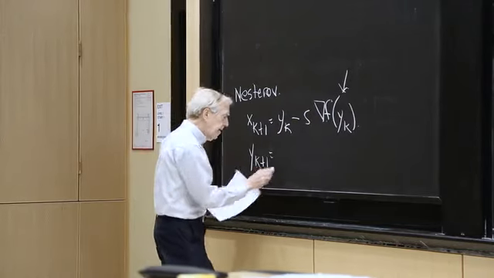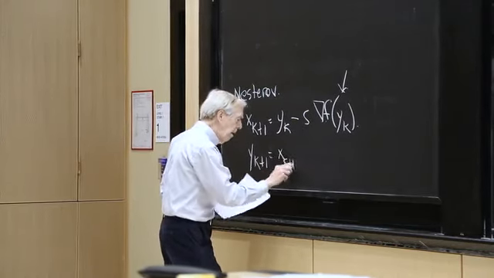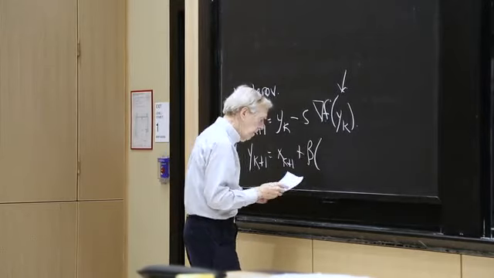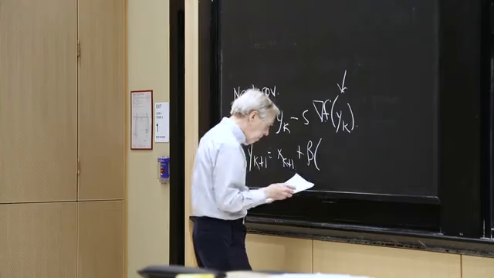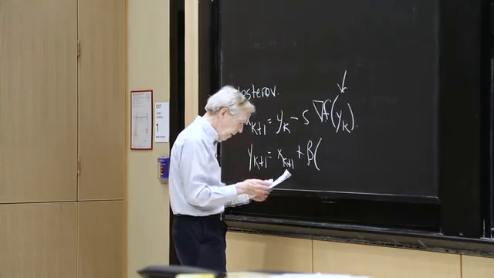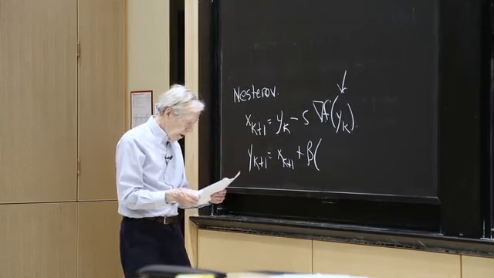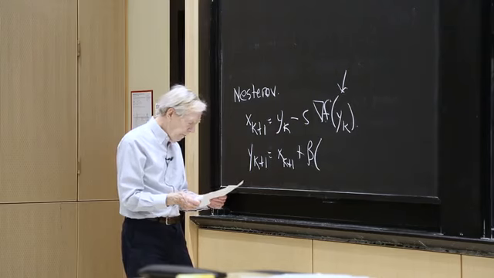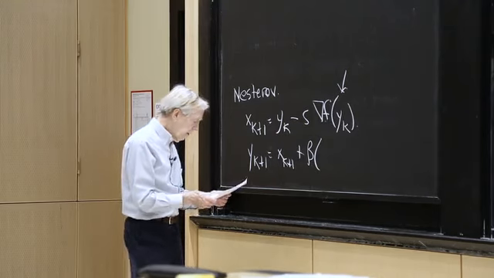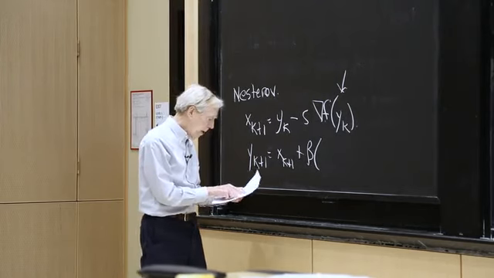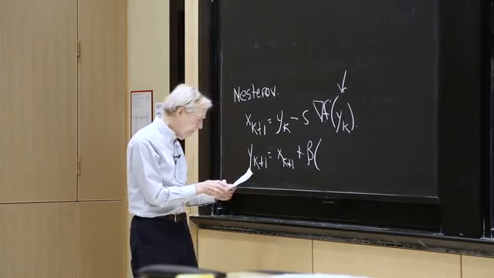So the y's are like the x's, but they're shifted a little bit by some term, and beta would be fine. Yes, Nesterov has a factor gamma in. All right, let me try to get this right.